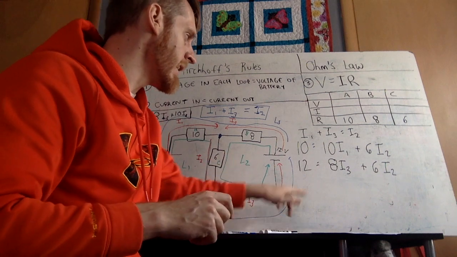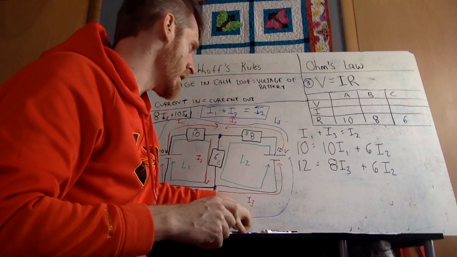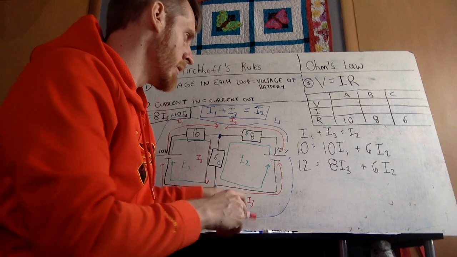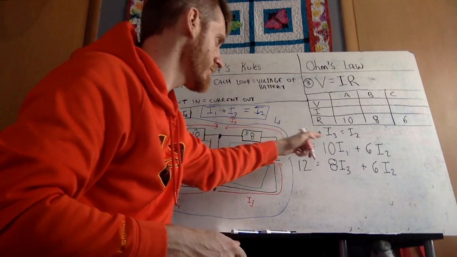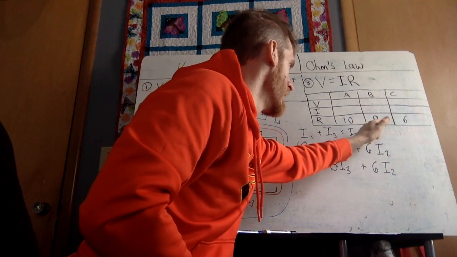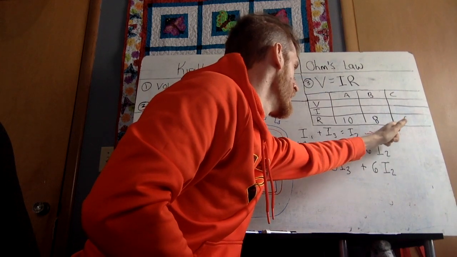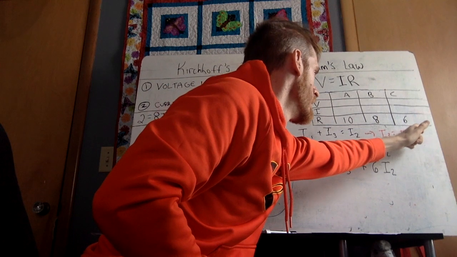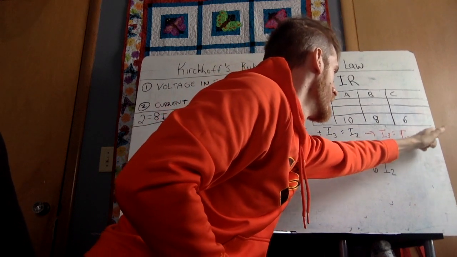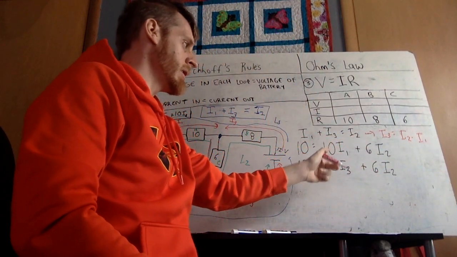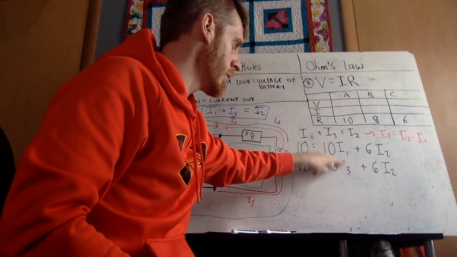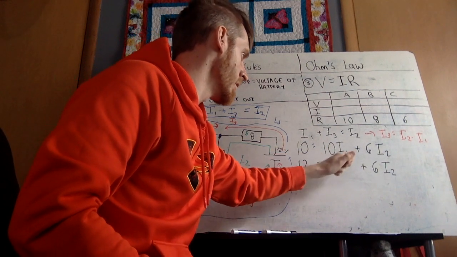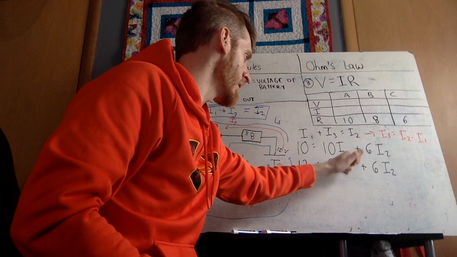So anywhere I see an I3 in any of these equations, I'm going to write I2 minus I1. So with this equation, I get I3 is equal to I2 minus I1. This one doesn't have an I3 in it, but this one does. So I'm going to replace it with I2 minus I1.